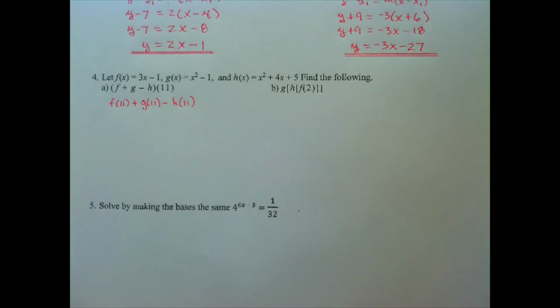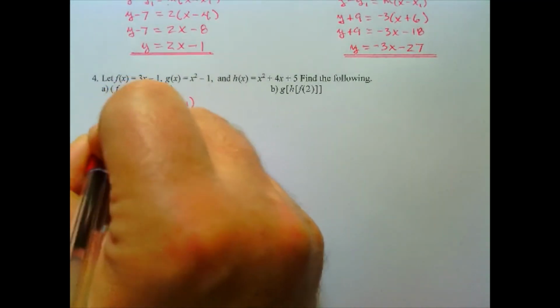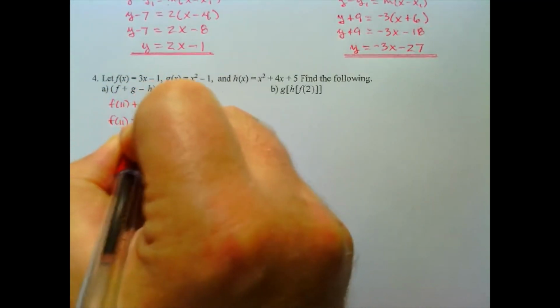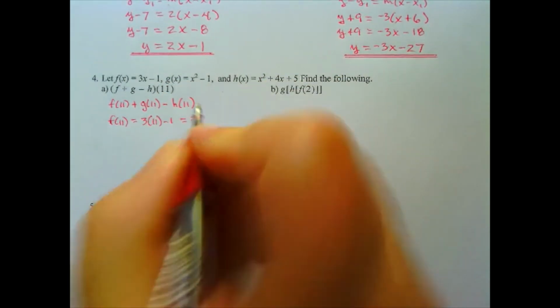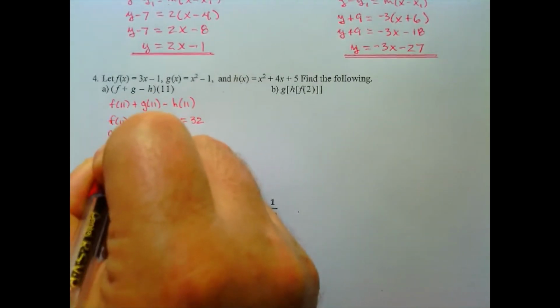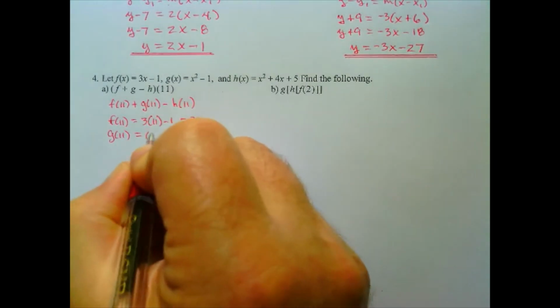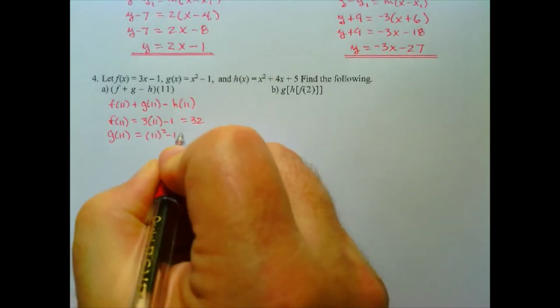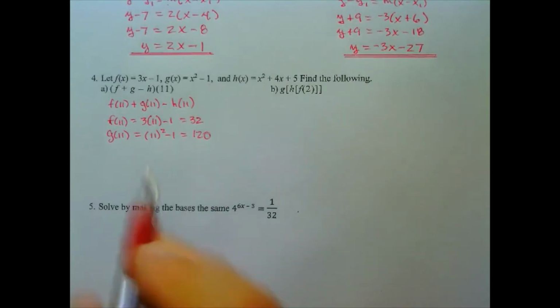And so I can just simply solve each one separately and then do the add and subtract that I've been asked to do. So f of 11 will be 3 times 11, subtract 1, which is 32. 33 minus 1, that's 32. The g of 11, well, that's going to be 11 squared, subtract 1, which is 120. 11 squared is 121. 121 subtract 1 is 120.